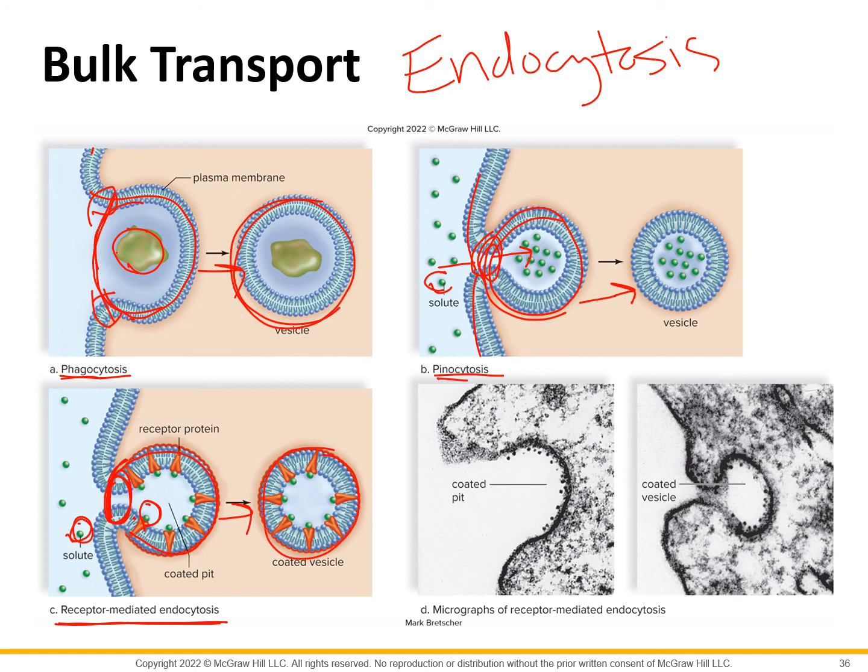So bulk transport can involve releasing molecules or taking them in, but it involves moving the cell membrane. So that involves ATP and the cytoskeleton forming vesicles to either bring molecules in or fusing vesicles with the membrane to release molecules out.